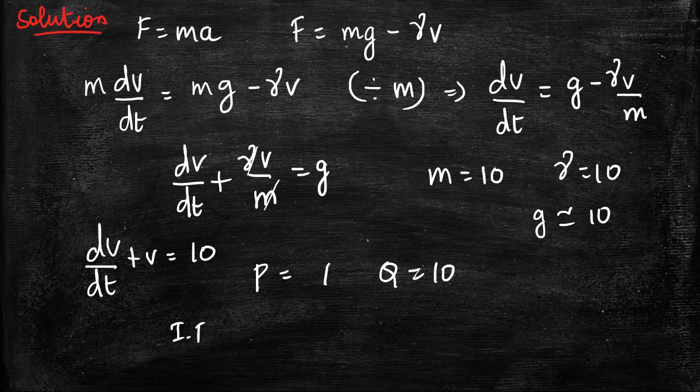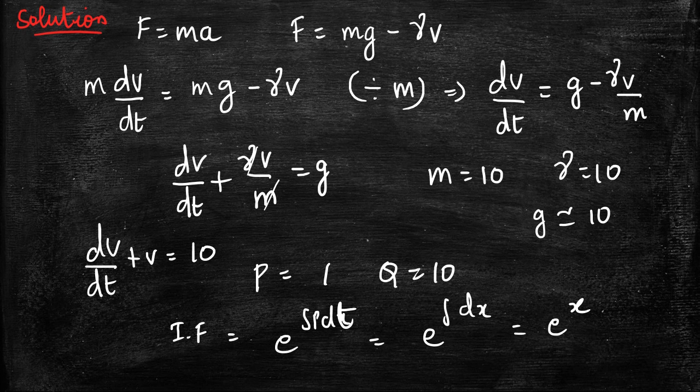And I have to find the integrating factor, which is e power integral p dx. E power integral p dx will be e power x. So my integrating factor will be e power x. Sorry, this is dt over here because we are using dv by dt. Okay, see the integrating factor will be e power t.